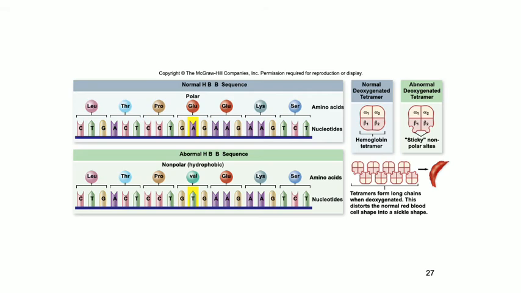But what they're showing you is if in the DNA you have a T here instead of an A, you will eventually at the end, when amino acids are being inserted, have valine instead of glutamine. Glutamine is polar, valine is non-polar, so it's hydrophobic and it hides into the interior of the blob that's supposed to be made.